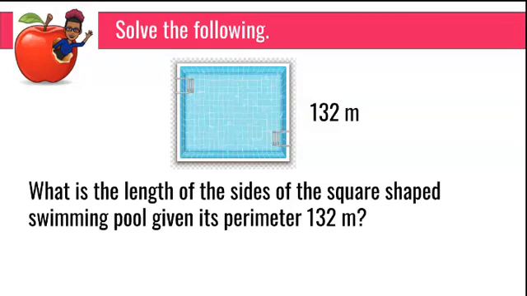So again, given the perimeter, we know the distance around is 132, we have to divide that by the number of equal sides, 4, and we get 33. So that 33 meters is telling us that each side of the square measures 33 meters.